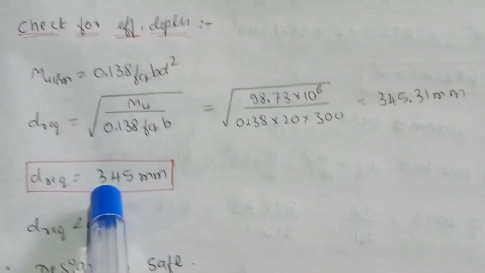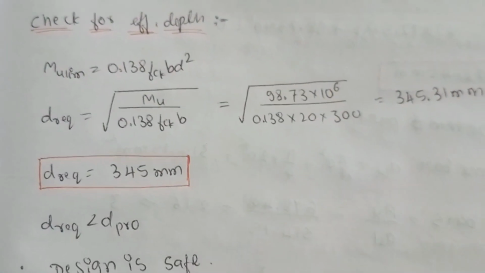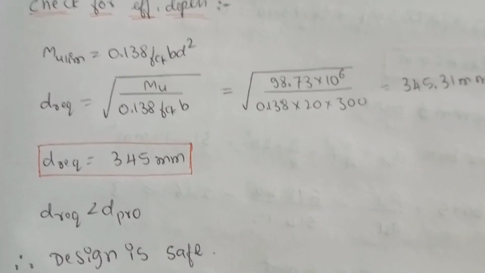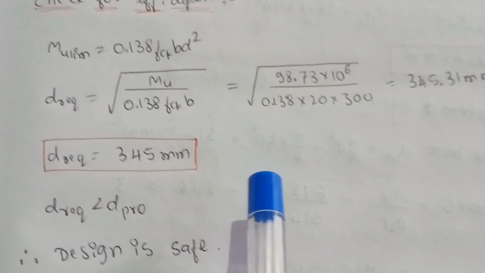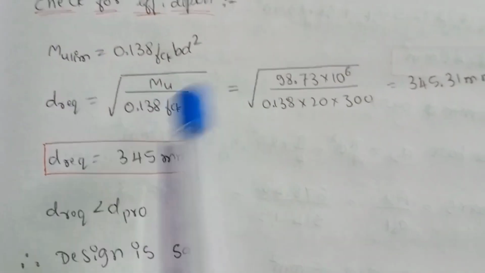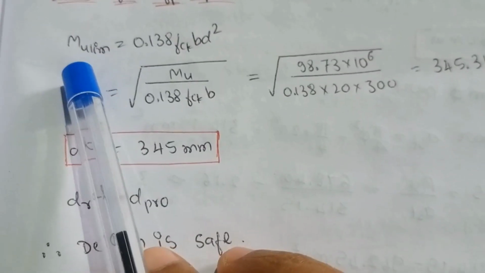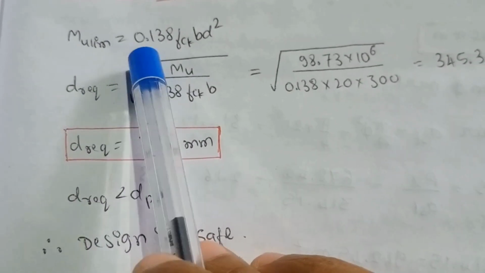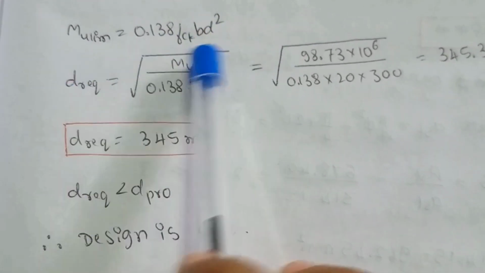After the calculation of bending moment, we will go for the check for effective depth. So whatever the effective depth we are provided or calculated, whether it's sufficient to carry the load or not, we have to check. So that we have the formula Mu limit is equal to 0.138 fck b d square.